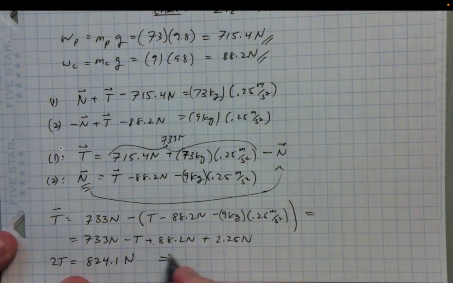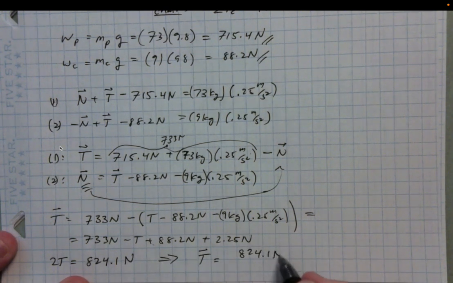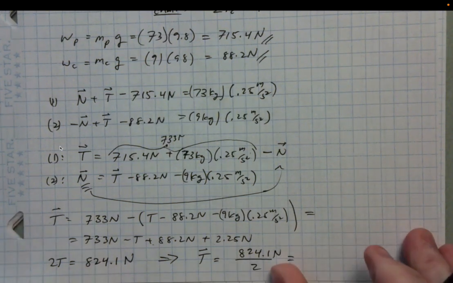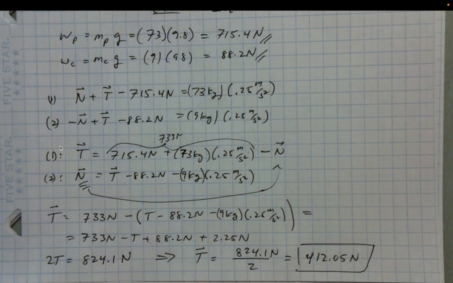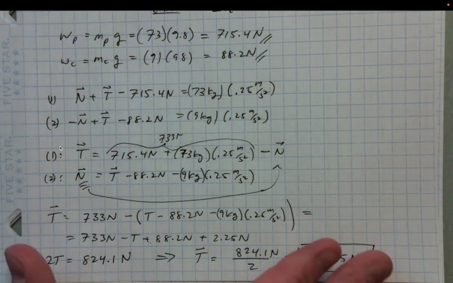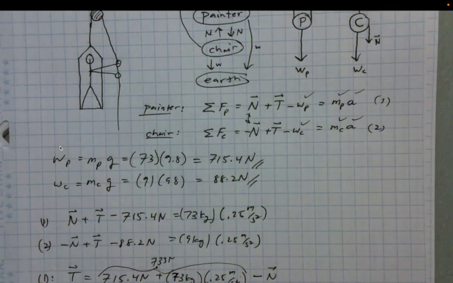Okay, and so that means the tension force is equal to 824.1 newtons divided by 2, which happens to be 412.05 newtons. All right, so what does that tell us? Well, the weight of the painter is 700 newtons, and this guy's got to pull down on the rope with 400 newtons of force to make him accelerate up the wall at the desired pace.